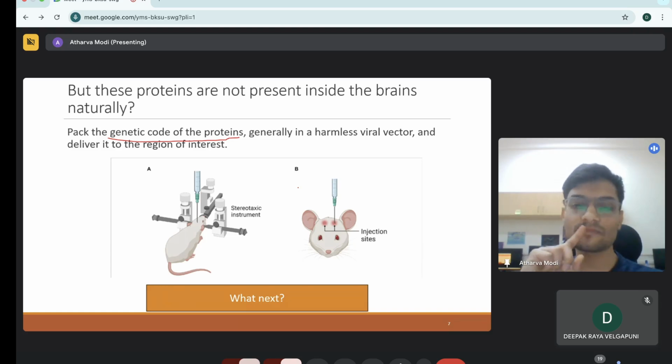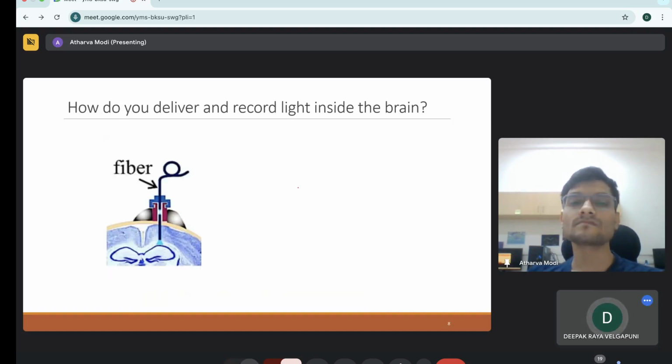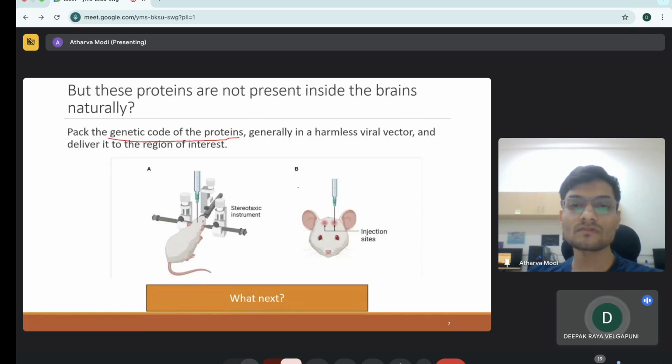So these have unnatural elements inside their brain. So it is just the extra protein coming in, but not changing the DNA? No.